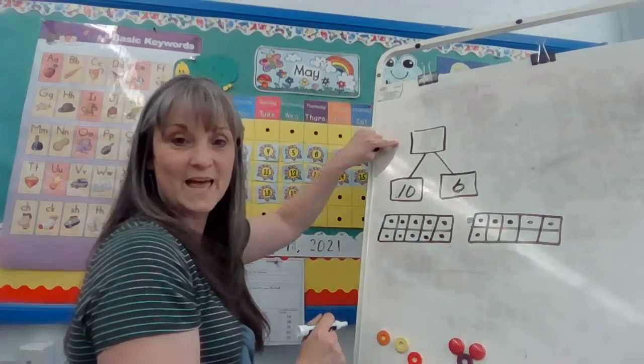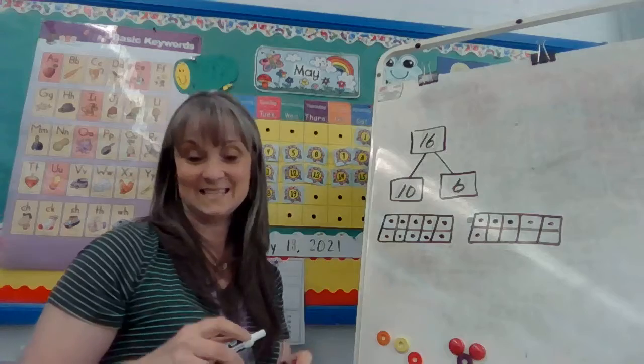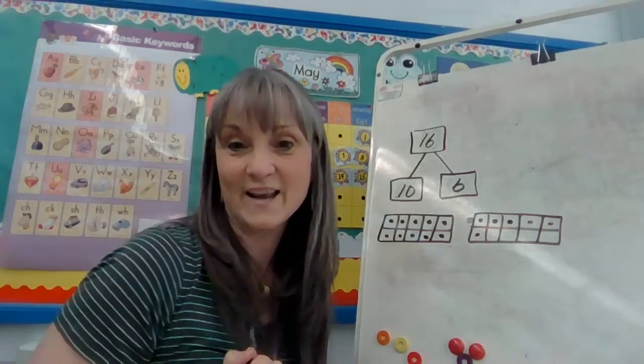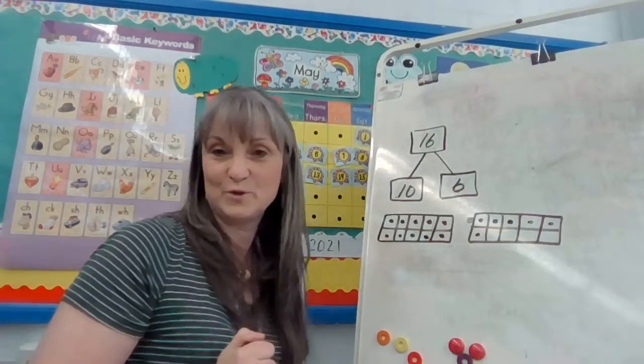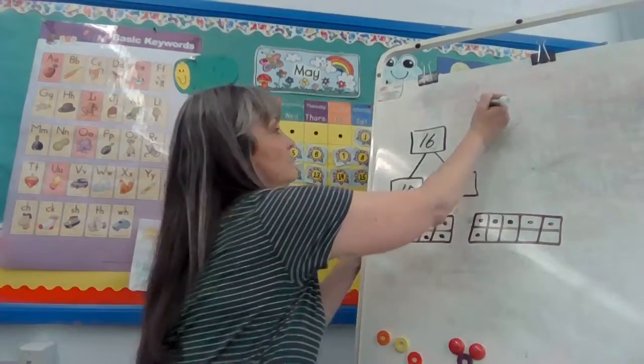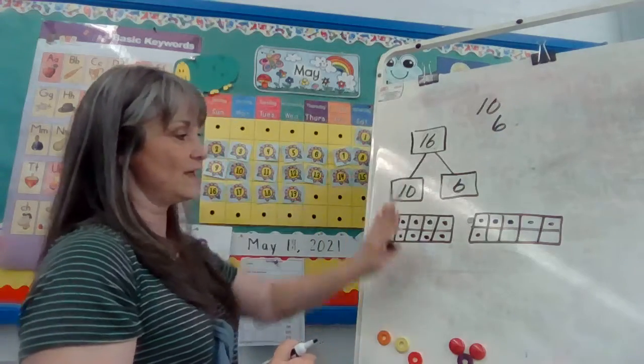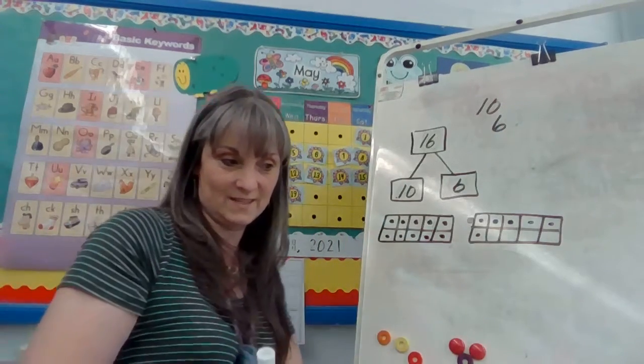What is a group of 10 and 6 more? 16. You've got it. You know how to do this. So no matter which way they tell you, if they tell you the 10 and the 6, that's fine. Or if they just show you the 10 and the 6.